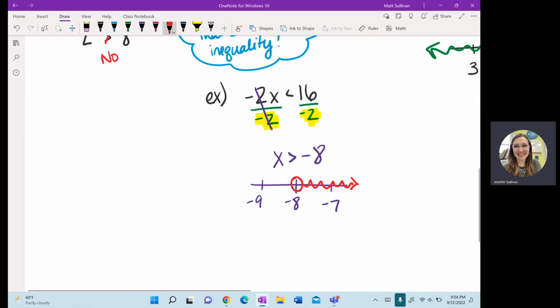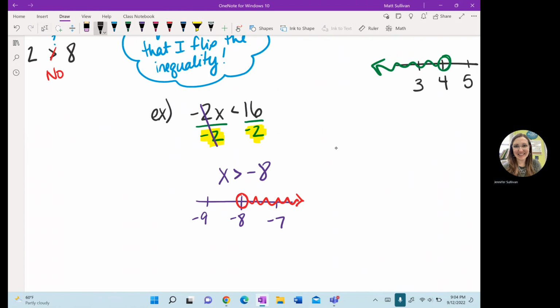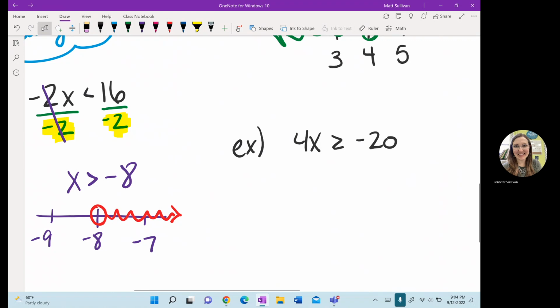What if I gave you this problem, though? What if the problem said, 4x is greater than or equal to -20? Okay. Well, what's happening to the x?